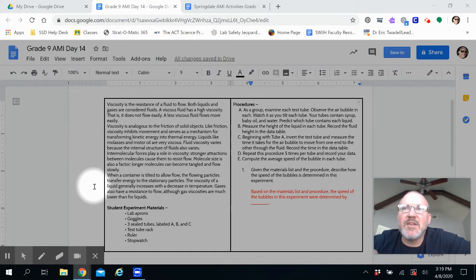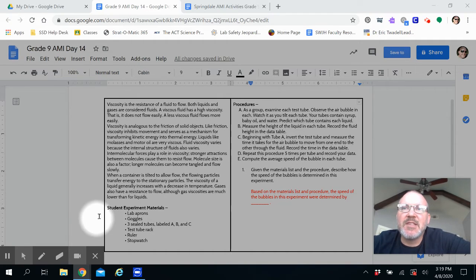When a container is tilted to allow flow, the flowing particles transfer energy to the stationary particles. The viscosity of a liquid generally increases with a decrease in temperature. Gases also have a resistance to flow, although gas viscosities are much lower than for liquids.